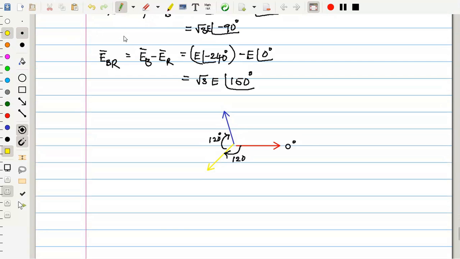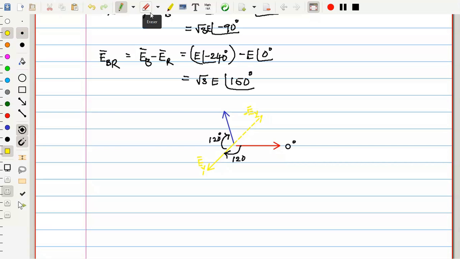Negative of that can be plotted like this. EY is opposite to this one, dotted line. Dotted line is minus EY. Let me point out here that this is EY. Visibility is very low. Try to follow me. This is minus EY phasor.